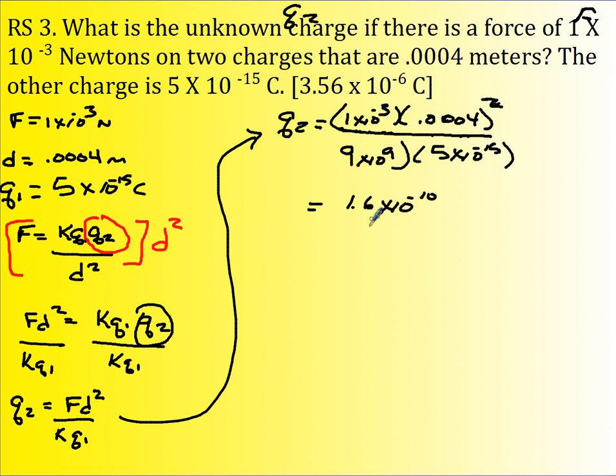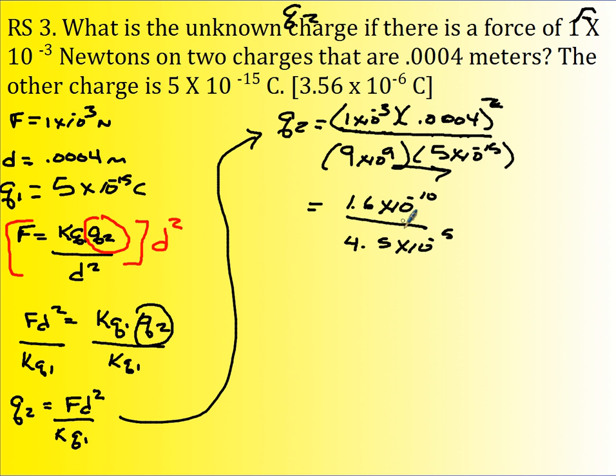Then we're going to divide that by, we multiply straight across now, 9 times 10 to the 9th and 5 times 10 to the negative 15. And I get 4.5 times 10 to the negative 5th.